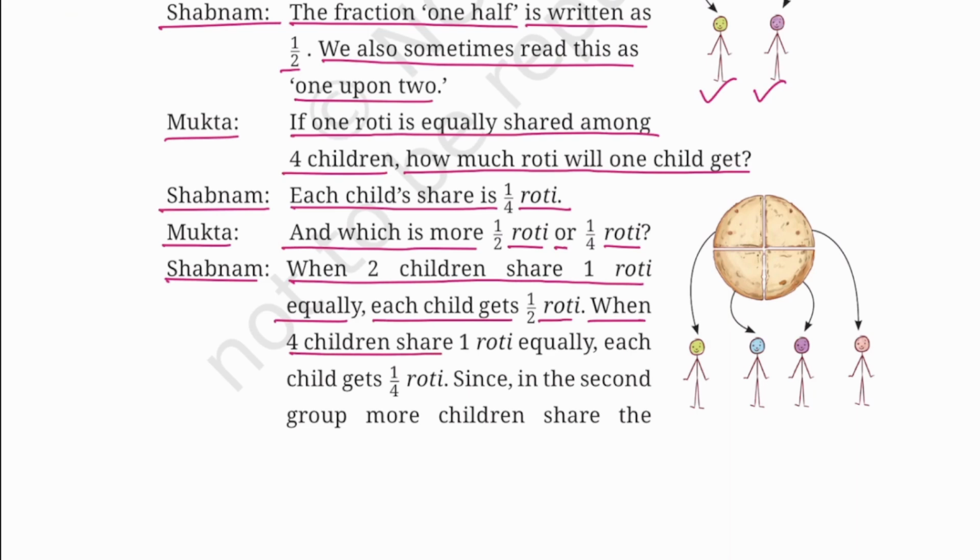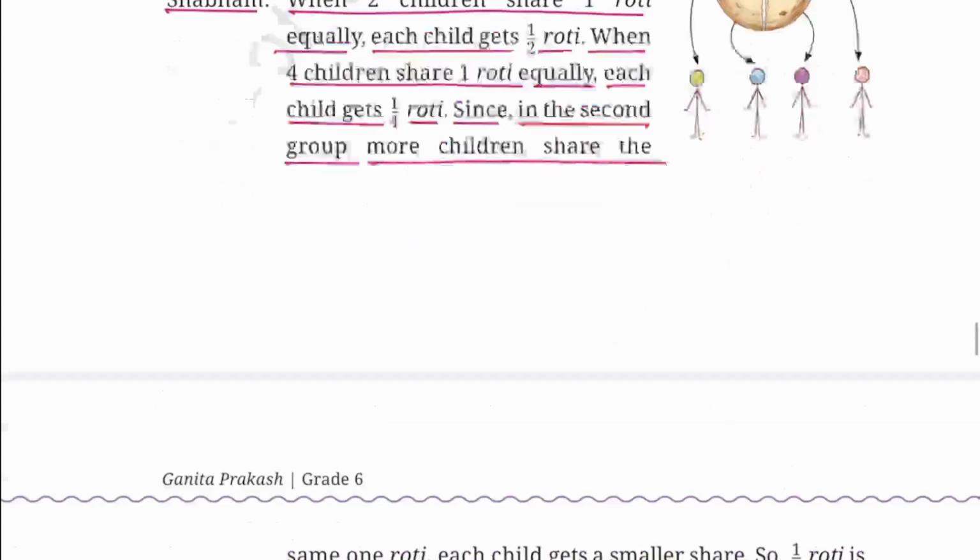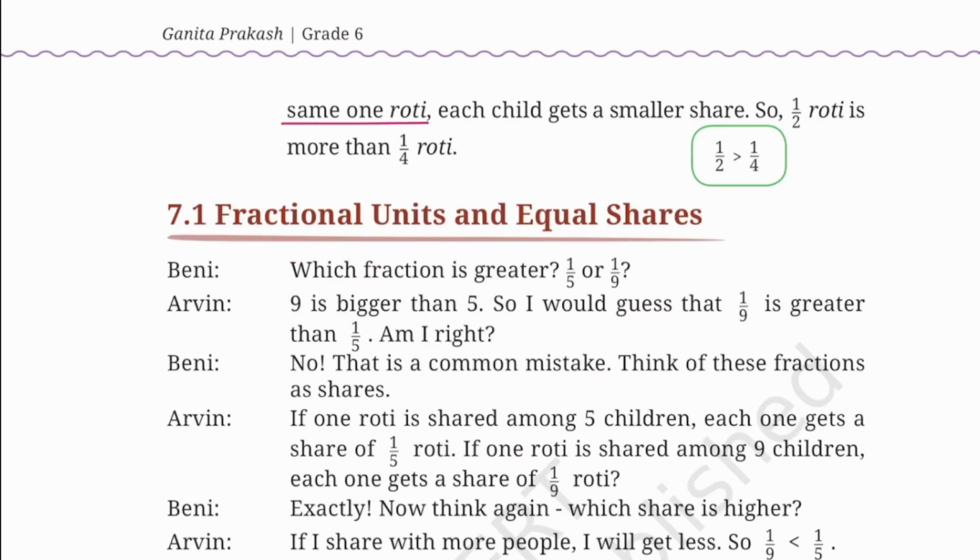When 4 children share 1 roti equally, each child gets 1 by 4 roti. Since in the second group, more children share the same roti, each child gets a smaller share. So, 1 upon 2 roti is more than 1 upon 4 roti.